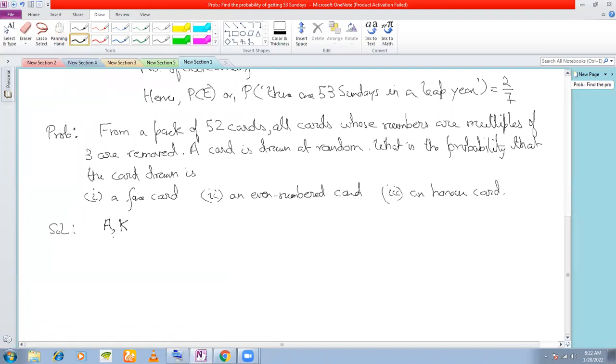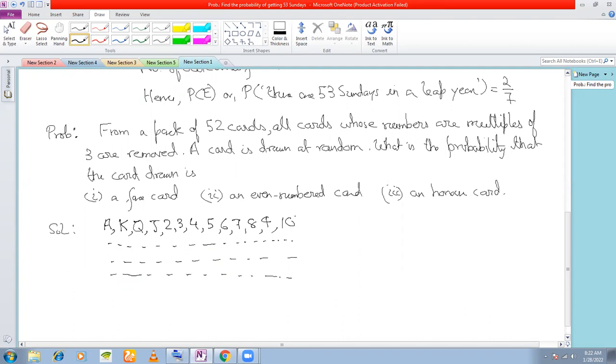Ace is there, king, queen, jack, and then you have 2, 3, 4, 5, 6, 7, 8, 9, and 10. And you have 4 suits like this.